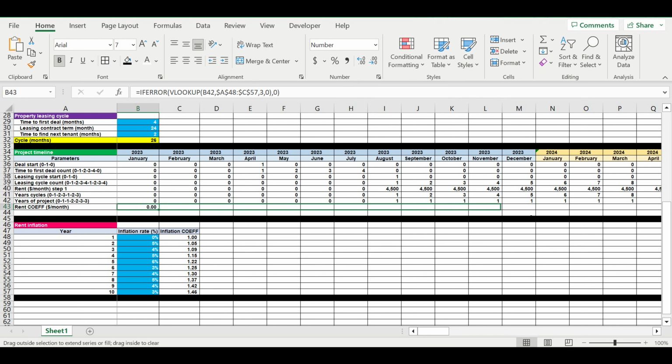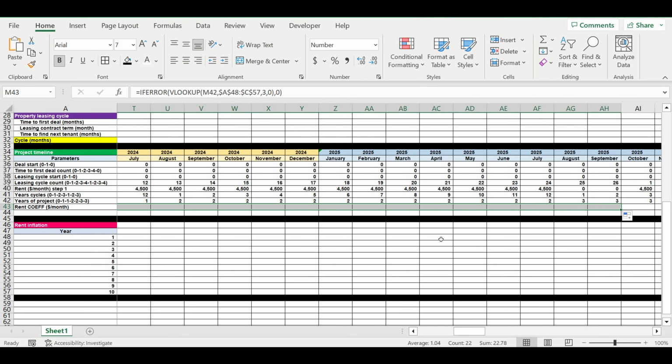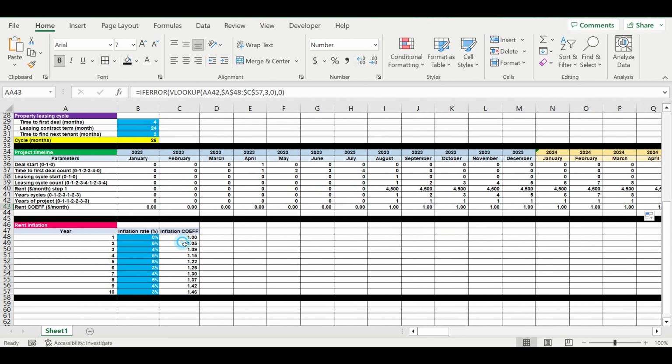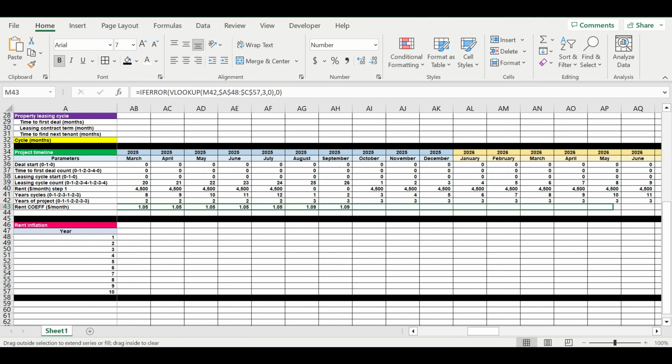Then I press enter. Now I'm extrapolating this formula to the right. So this is the year, and this is the inflation coefficient for the first year. So for the second year I have 0.5, and now I'm just extrapolating this formula to the right.